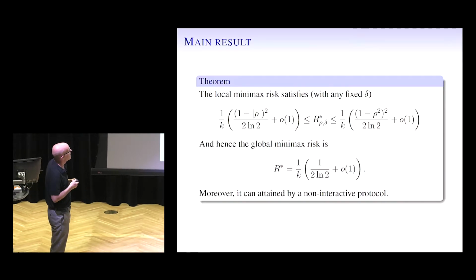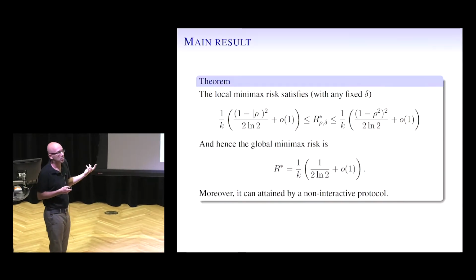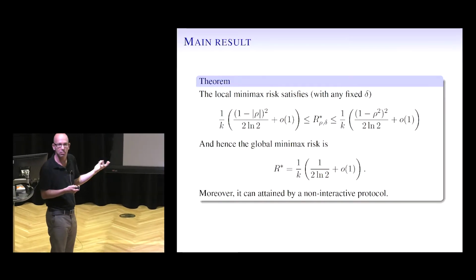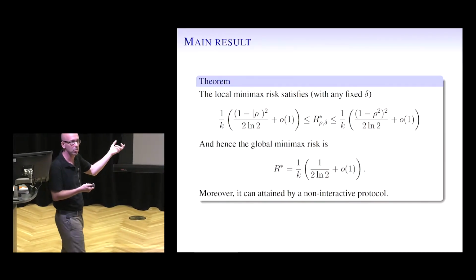It's almost tight. And the interesting thing is, first of all, you can see that the worst case for the lower bound is attained at correlation 0, which is the hardest correlation to separate from. And at that point, these two bounds coincide, so this gives you exactly the global min-max risk.